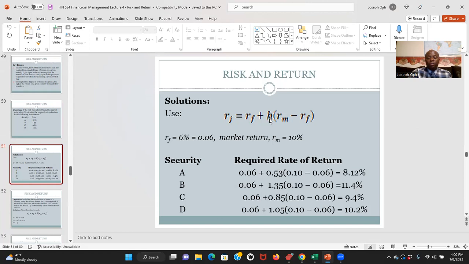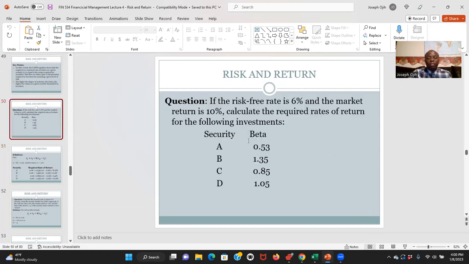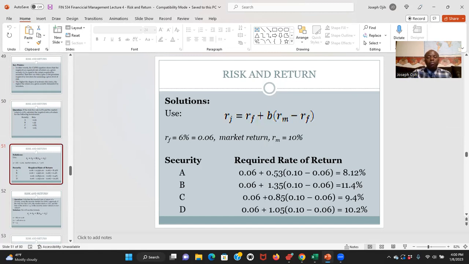Beta for the first stock, A, is 0.53. Then RM minus RF: RM is 10%, which is 0.10, minus 0.06. Let me write it down so we can put it on a calculator, then get the answer. Then I will show you how to do it using Excel.